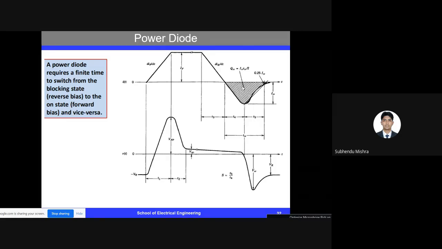This goes on for a particular period of time, and then slowly it becomes nearly 0. It does not become 0, it becomes something like 25% of the reverse recovery current, but this is very small, so we don't consider this. But there is a particular reverse recovery current, and where does this current go, right?